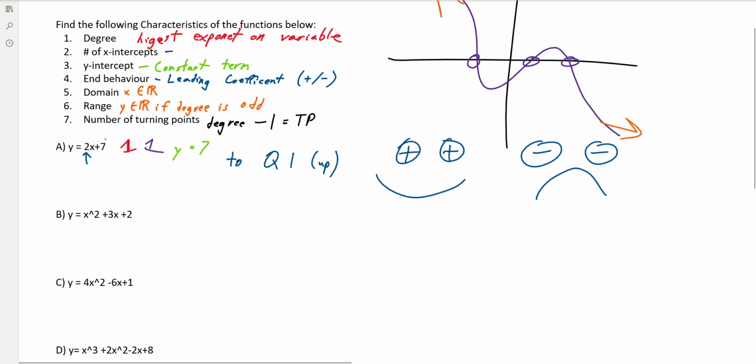The domain is always going to be the same: x is a real number. And because the degree is odd, y is also a real number. The number of turning points is the degree minus 1. The degree is 1, so the turning points is 0. Really straightforward. Let's try the second one out.